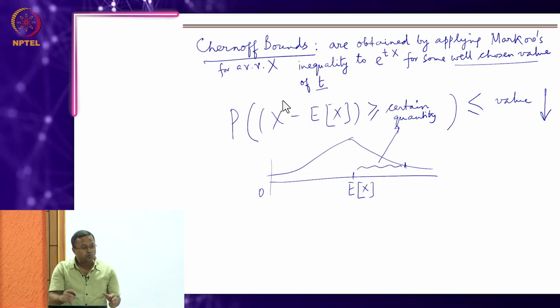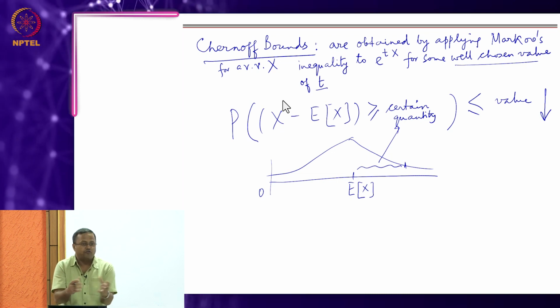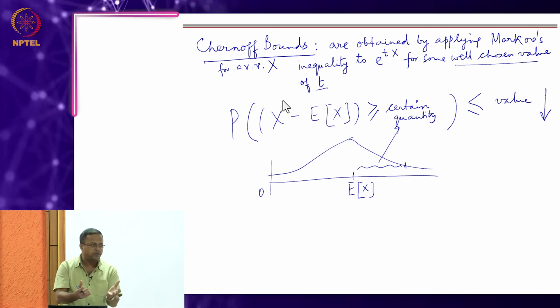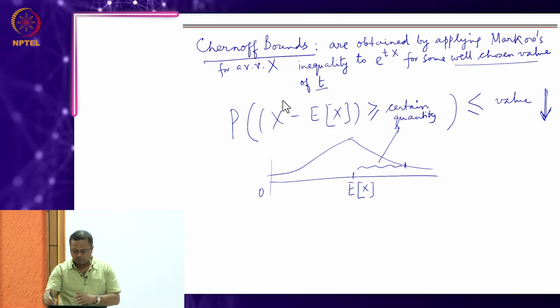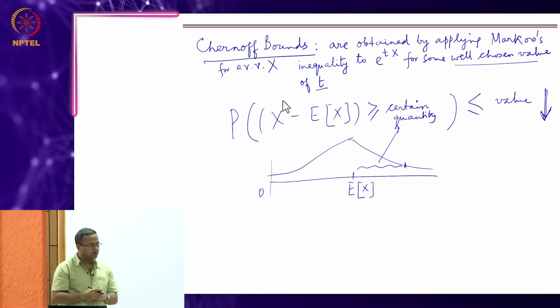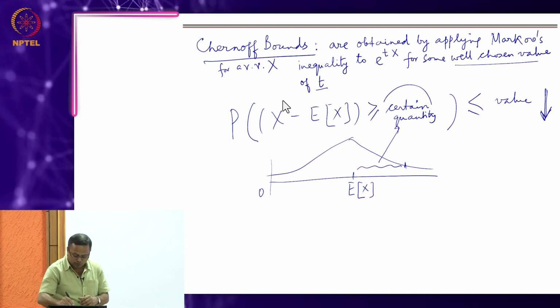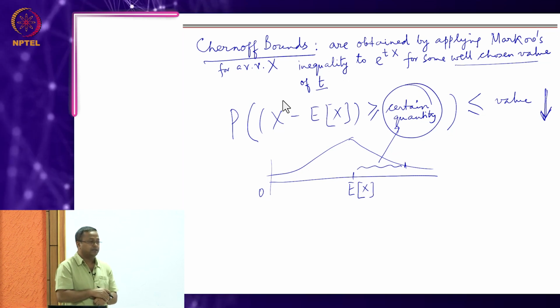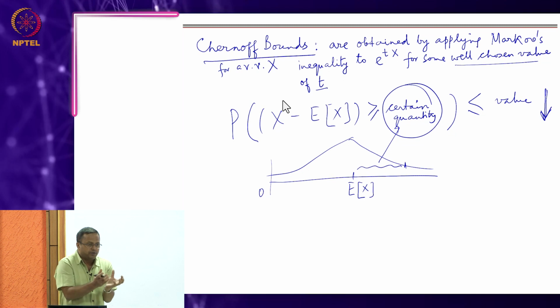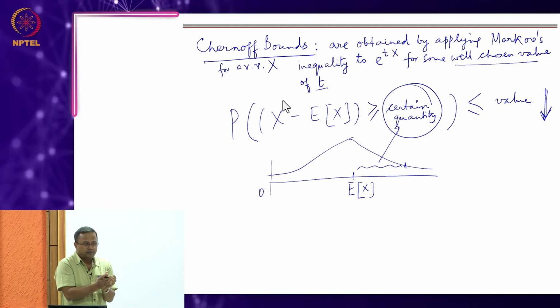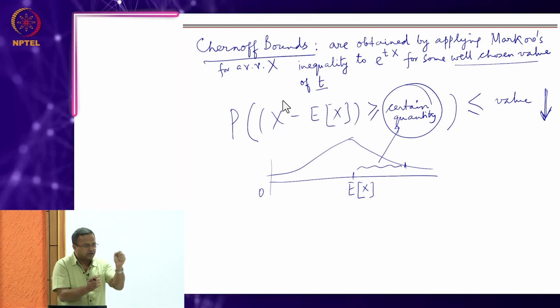So, when you want to make such statements about a random process that you are evaluating, you want this probability to be low, and you have to choose this quantity. This is also in your hand. We will see examples. You fix a certain quantity there.